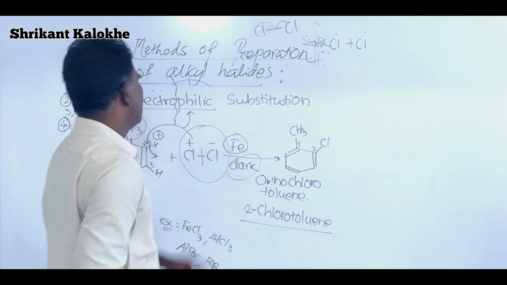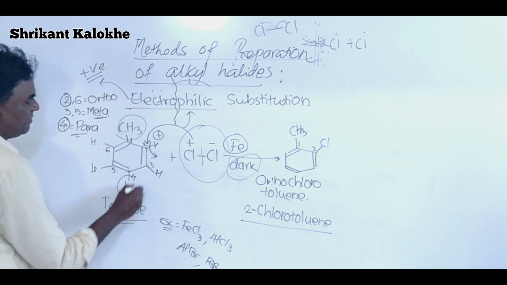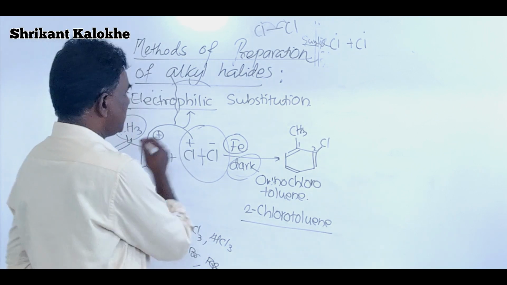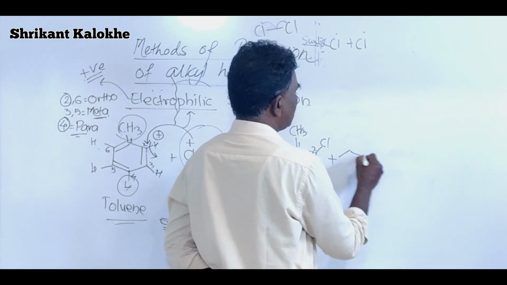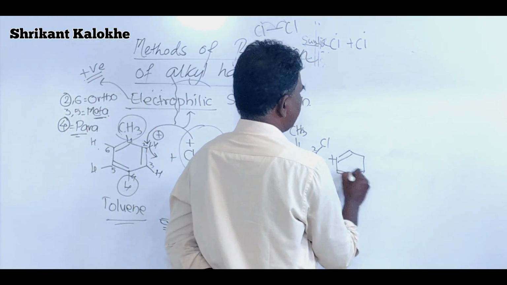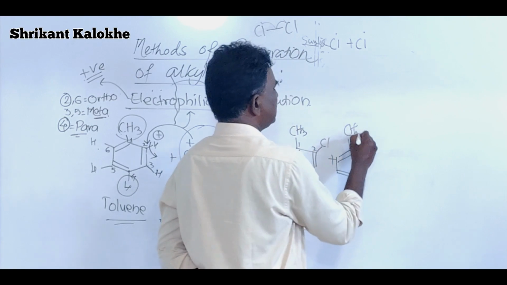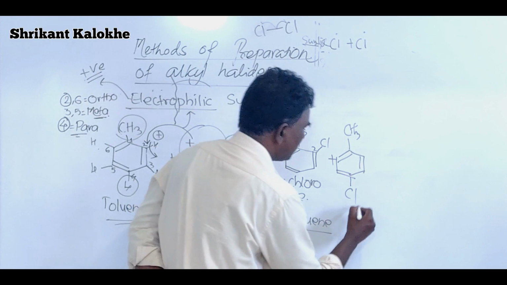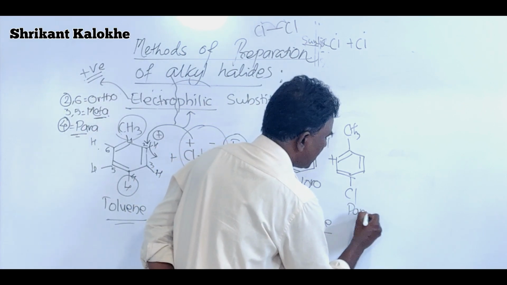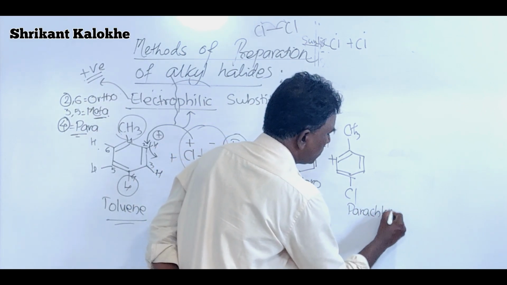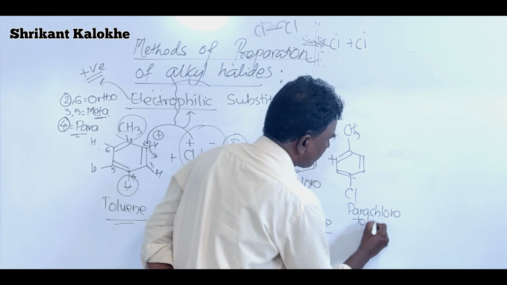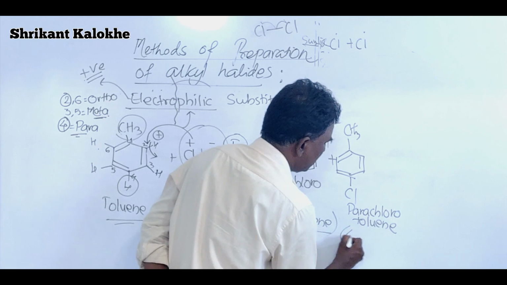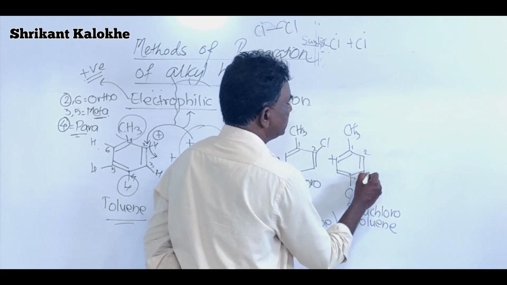And one more product is there, in which the hydrogen at the fourth carbon has been replaced by chlorine, and that second product will be like this: CH3 and substitution of chlorine at the fourth position. Its common name will be para-chlorotoluene, or in IUPAC name it would be 4, because this is 1, 2, 3, 4.